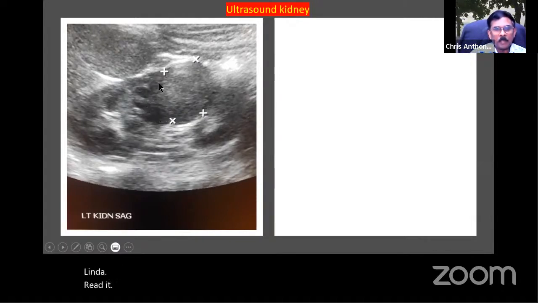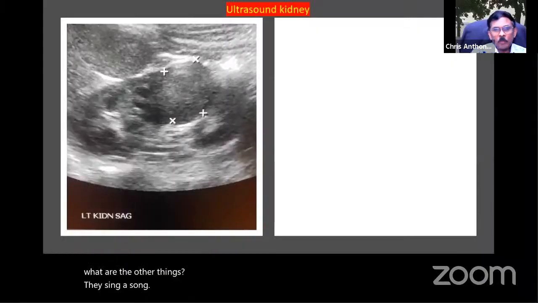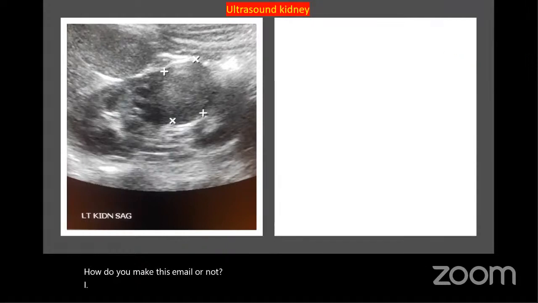Which is within the kidney. What other things on ultrasound do you mention in a patient with an ultrasound of a kidney mass? If it is a tumor, how do you know it's a tumor or not? Is it a malignant lesion or a benign lesion? The extension of the mass.